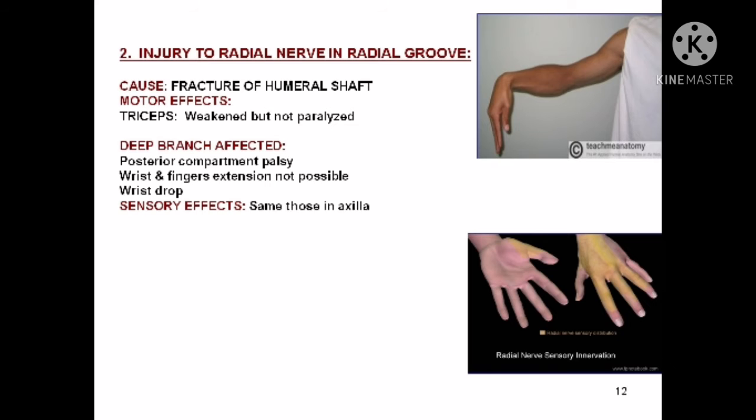It is the posterior compartment which loses its function, and all the posterior compartment muscles, that is the extensor muscles, are paralyzed, and there is wrist drop and finger extension is not possible. The sensory effects are the same as those in nerve injury in the axilla. All 4 sensory nerves are affected.